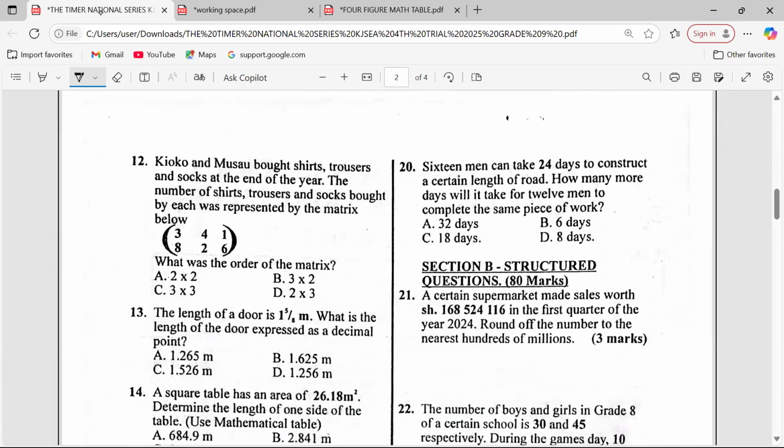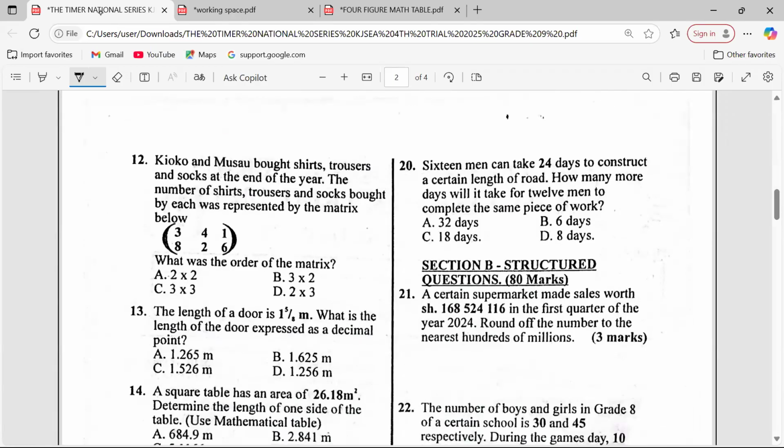Number 12. Kyoko and Musau bought shirts, trousers, and socks at the end of the year. The number of shirts, trousers, and socks bought by each was represented by the matrix below. So this matrix, maybe this is for Kyoko.